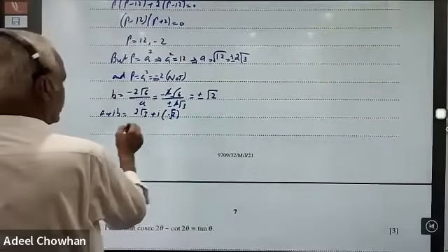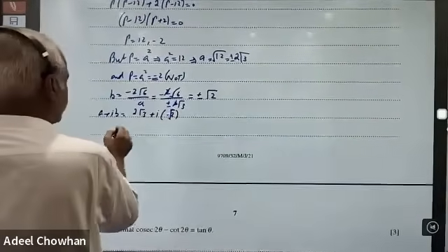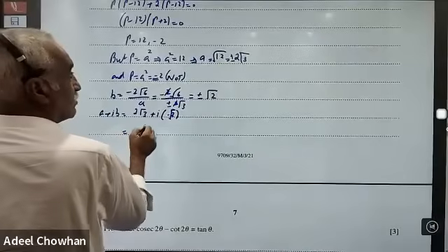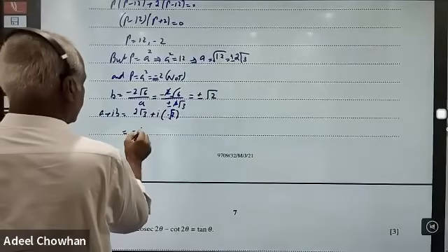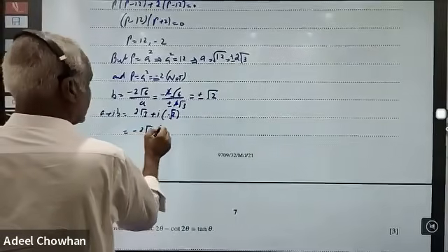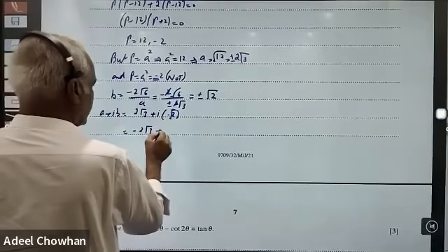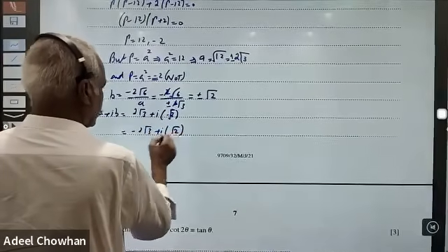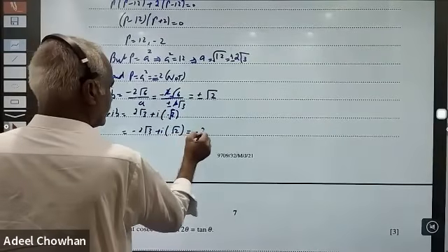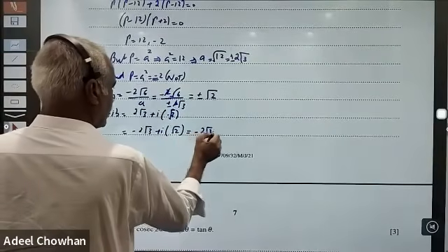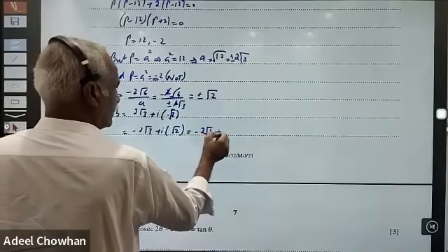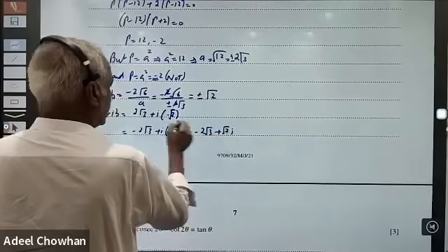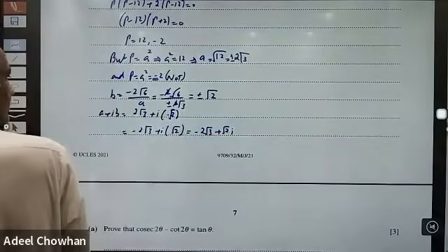Or the other value is there, if it is negative, minus 2 root 3, then it is plus 2 root 2 iota. So it should be equal to minus 2 root 3 plus 2 root 2 iota. So these are the two square roots of this number there.